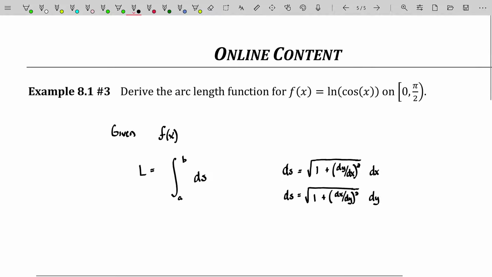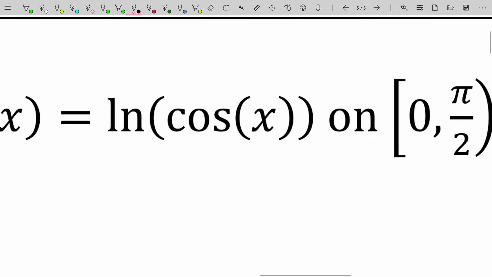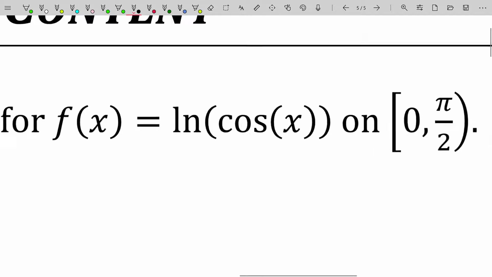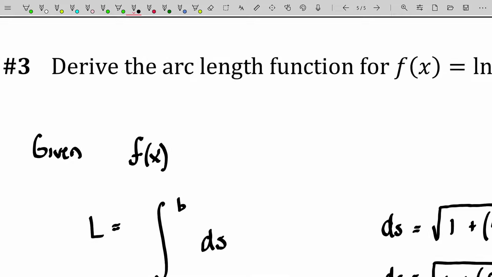Or in this case, I suppose you don't want to go from 0 to 10 because you have some issues at some values beyond 0. The cosine specifically at pi over 2 is 0 itself, and the natural log can't have an argument of 0, so that would be a problem. However, in this case as well, they're not asking for the arc length value, they're asking for the arc length function.